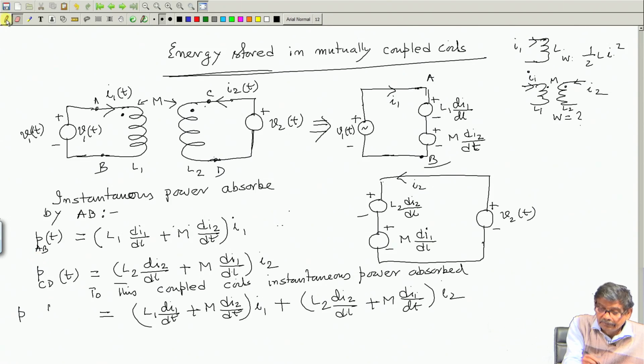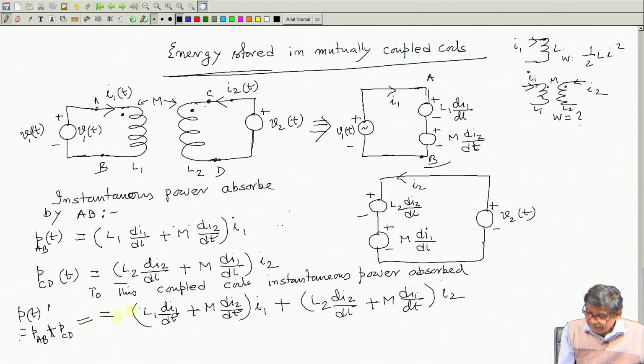P_T will be like this, which is equal to P_AB plus P_CD, equal to this. This I can write. Okay.